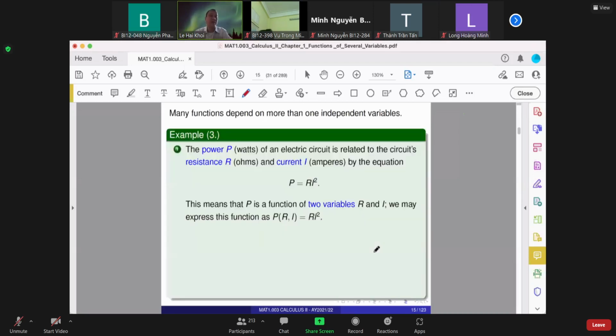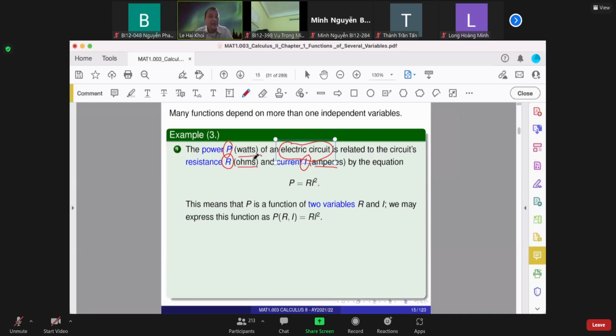So for example here, when you consider an electric circuit, usually what do you have? You have resistance, measured by ohm. You have current I, measured by ampere. And you have power, measured by watt, right?